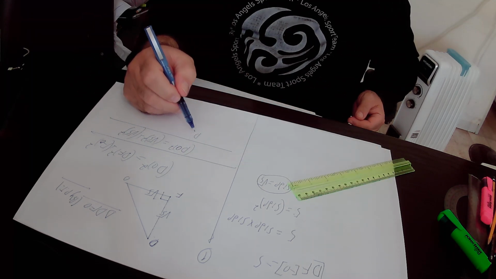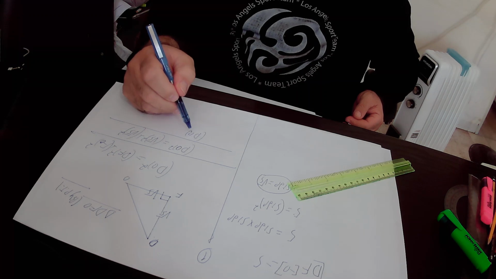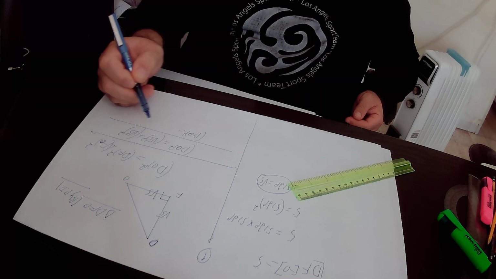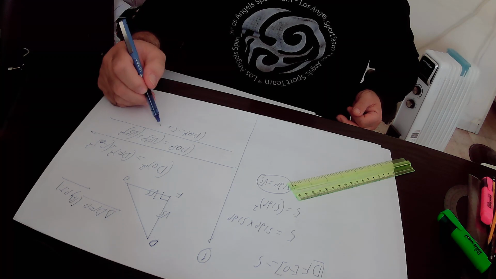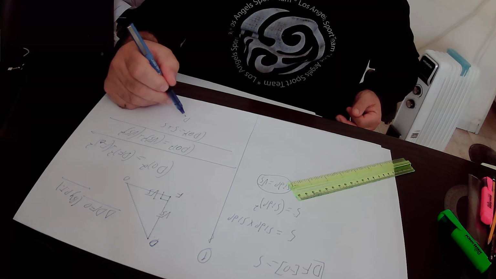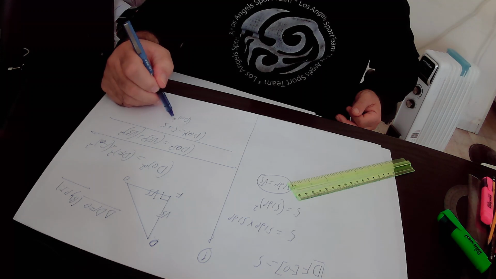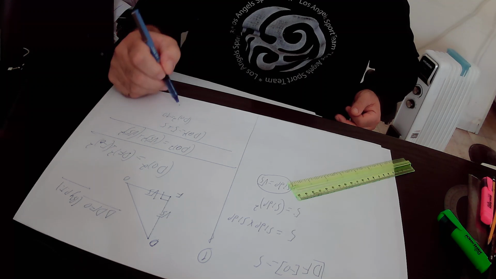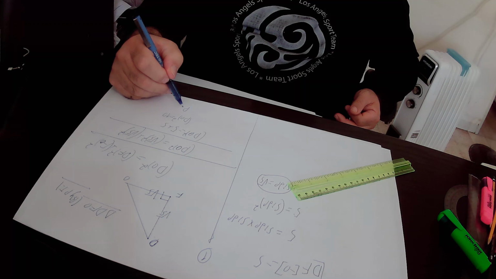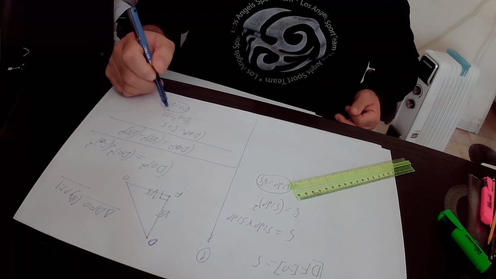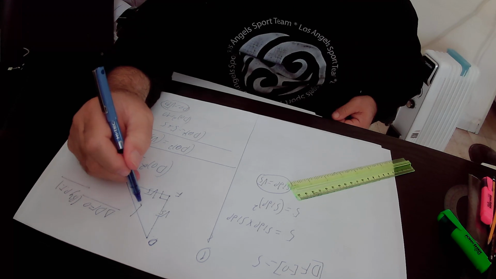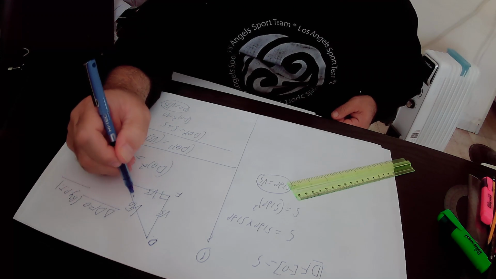So I found out that DO square equals 5 plus 5, that is 10. We take root out of this equation and we get that DO equals the square root of 10 units. So the length of the hypotenuse is square root of 10 units.